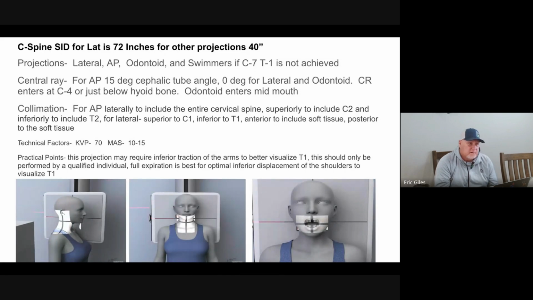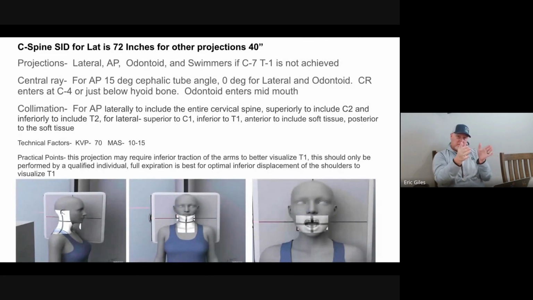Now, when you're shooting your lateral, always make sure you relax the patient's shoulders so we can see C7 T1. Like I say, it's important to relax the shoulders. When we do the odontoid, it's also important that we get our mastoid tip and our lower jaw lined up with each other, so the head is straight.